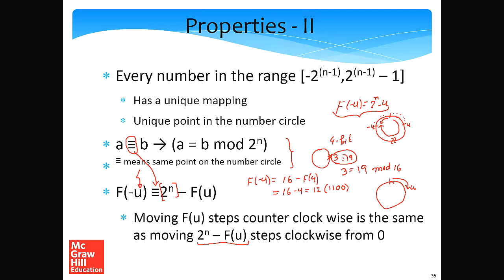This is a very important point to understand for all of us: in a number circle, when you're walking in one direction, you're incrementing, and walking in the other direction, you're decrementing.